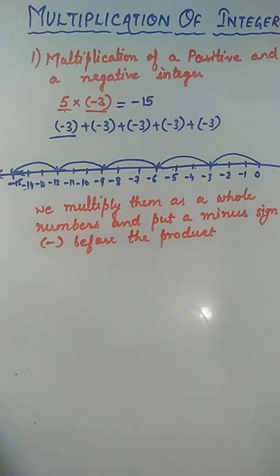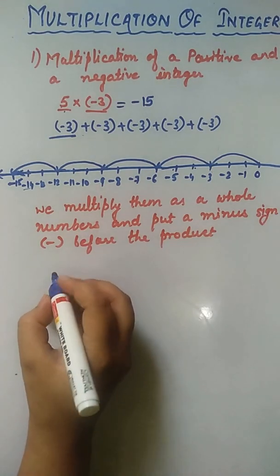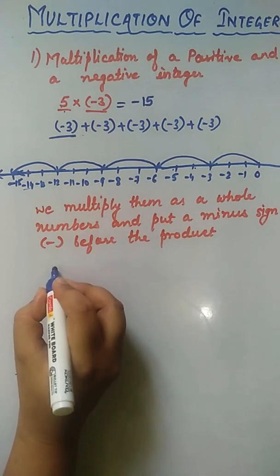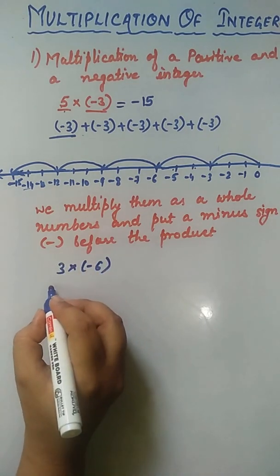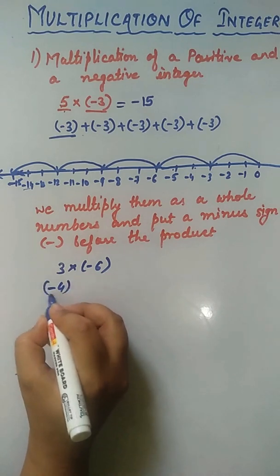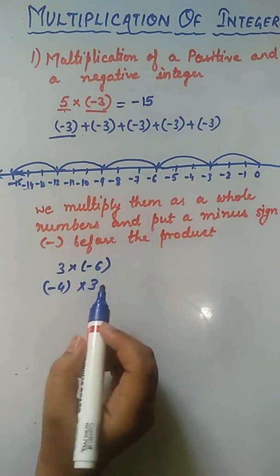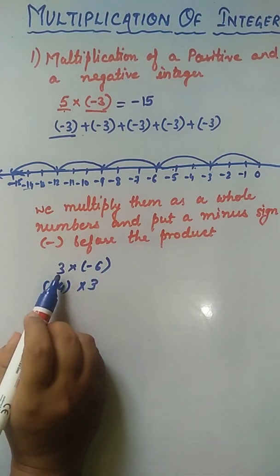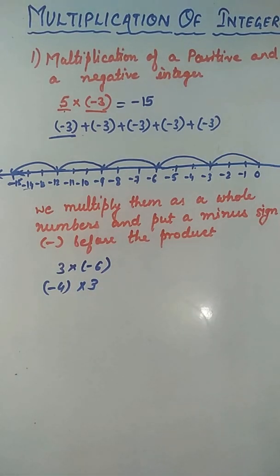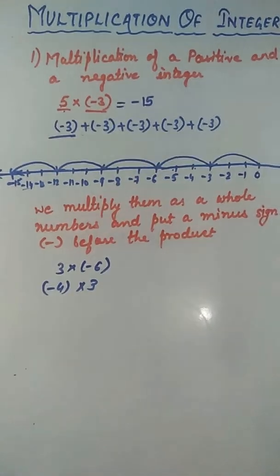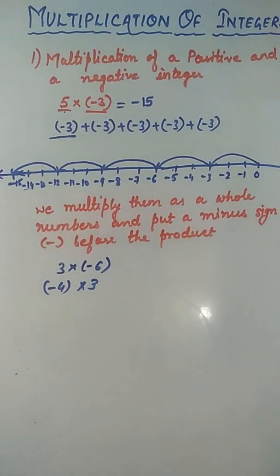So take some examples. Suppose questions are there, 3 into minus 6 or minus 4 into 3. Every time you see that one is positive and one is negative. So what is the rule? What rule have I told you? That we multiply them as a whole number and put a minus sign.